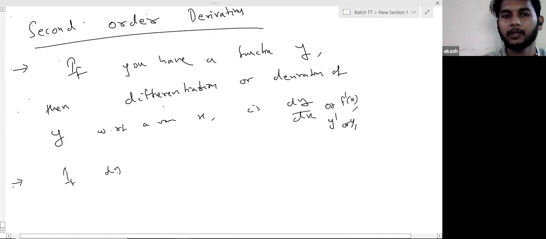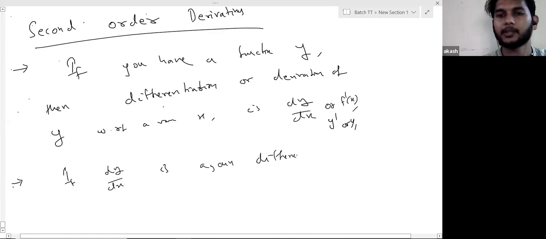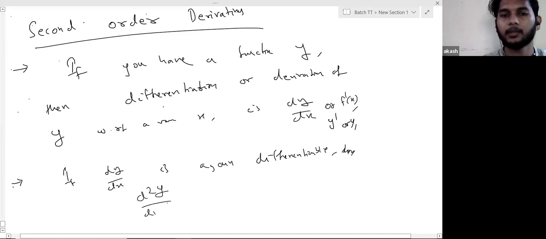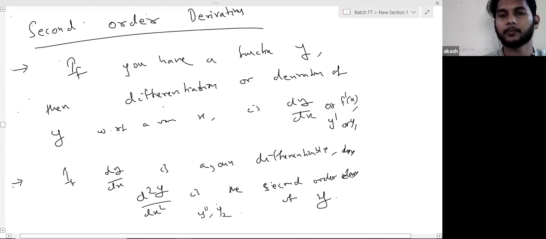If dy by dx is again differentiable, that means we can differentiate this, then d square y upon dx square is the second order derivative of y, and we can say this is y double dash, y2 also.